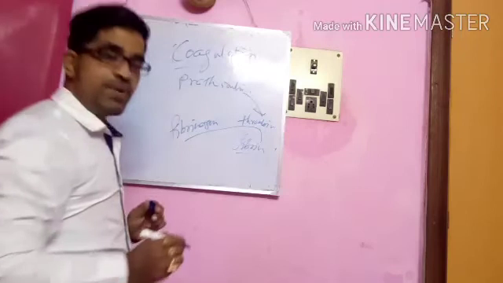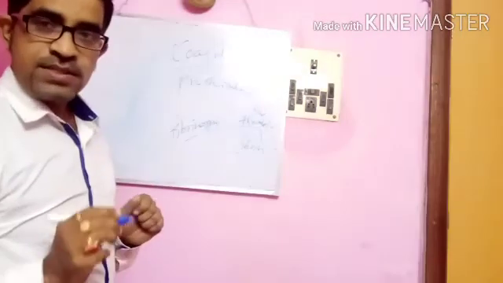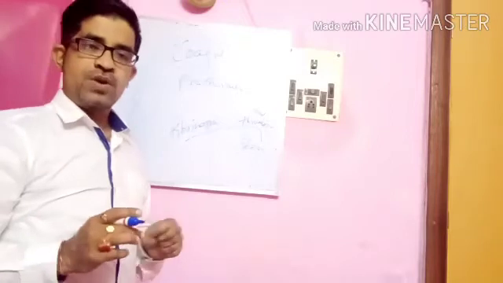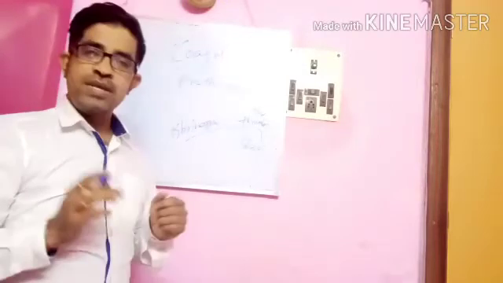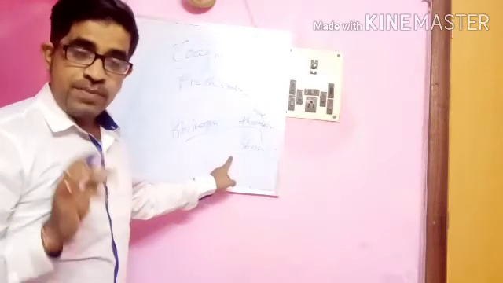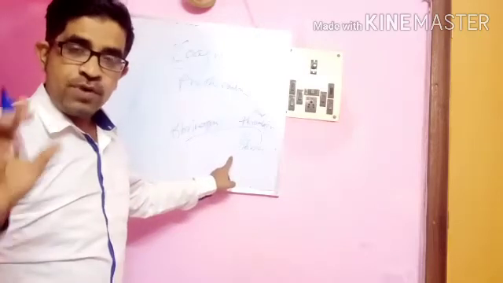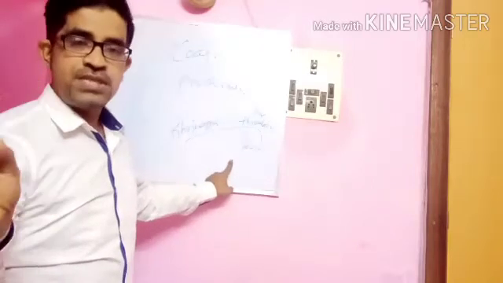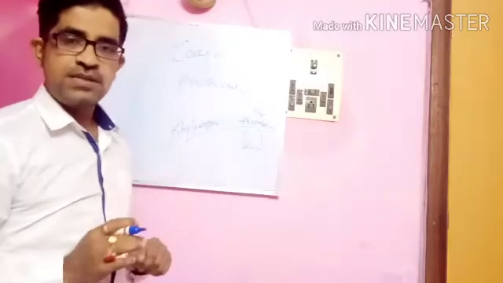Now this fibrin is an insoluble substance which does not dissolve in water. So this fibrin is responsible for making our clot. In a very easy 2 to 3 step mechanism you can tell this.